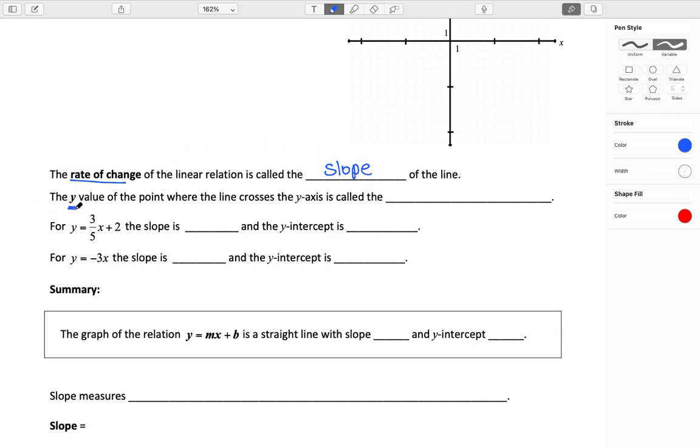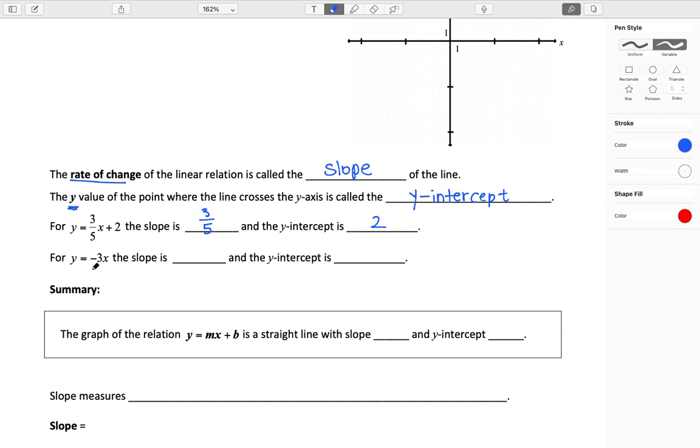The y value of the point where the line crosses the y-axis is called the y-intercept. For example, in this equation, the slope is always beside x. The slope is 3 over 5, and the y-intercept is a number that you add or subtract, so in this case it's positive 2.